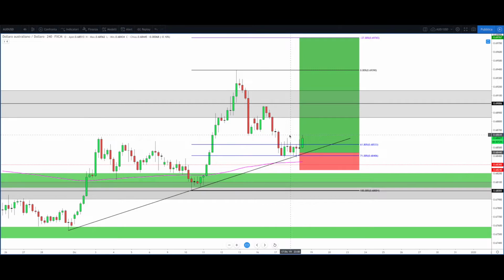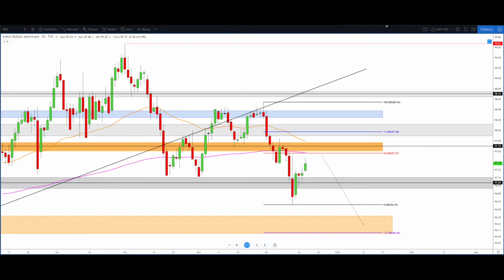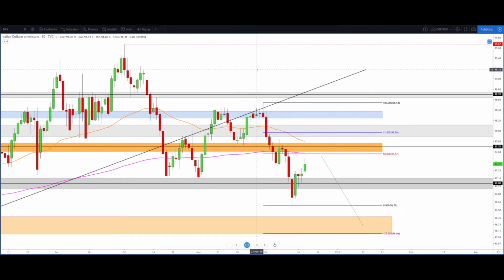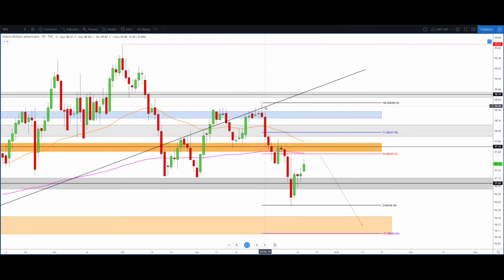And now to continue this analysis, we can watch the dollar index because it's strongly related with this setup. We can see on the daily time frame that two weeks ago the price started a strong bearish movement that last week brought the price to break the key level 97.